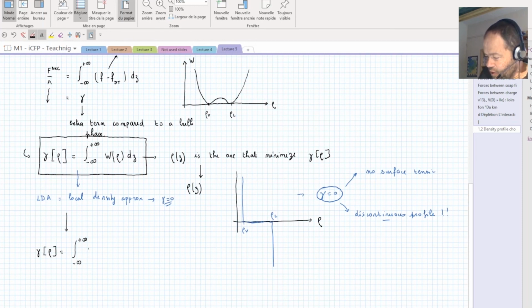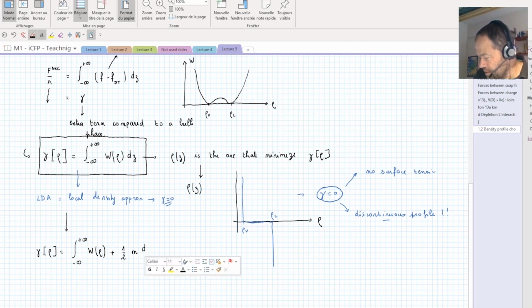We recover the term W of rho, the local term that we just had before, and we explained where it comes from. And we will have a non-local term. The easiest way of taking into account a non-local term is to have something proportional to the change of density. So at each point, we take into account the density at a point a little bit close to this one. So we'll have a term proportional to the gradient of density squared.